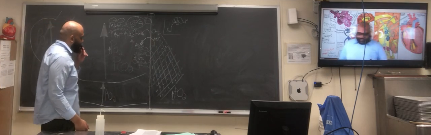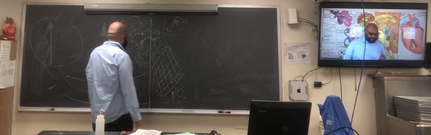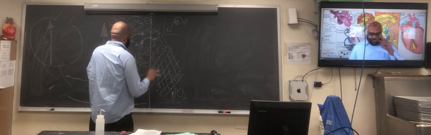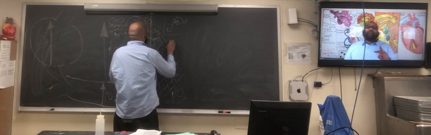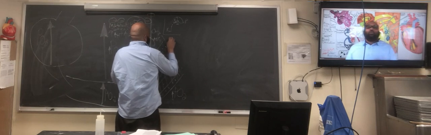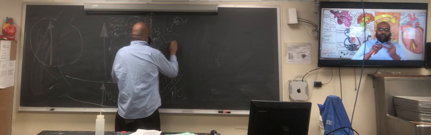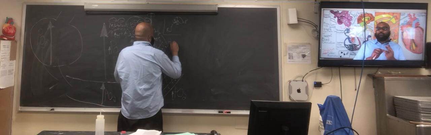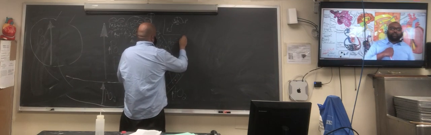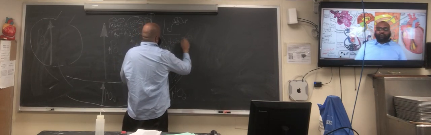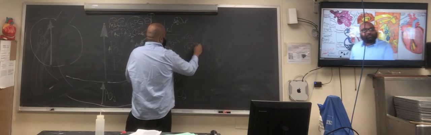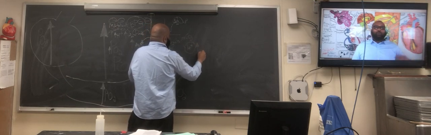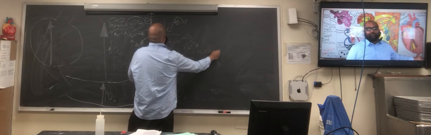And all of this carbon dioxide is going to be accumulating in the tissue along with metabolic waste. And whenever you have carbon dioxide, that means you have bicarbonate, H2CO3, and that will dissociate into CO2 and H plus, and H plus increases acidosis.